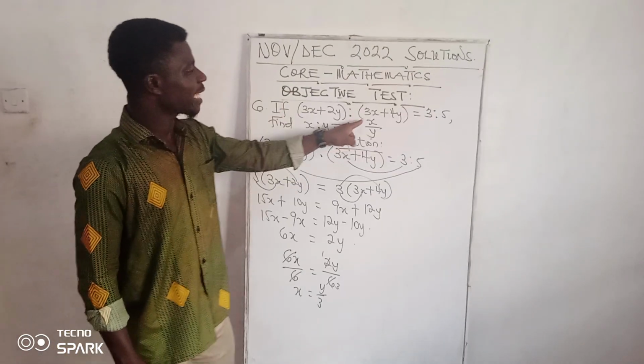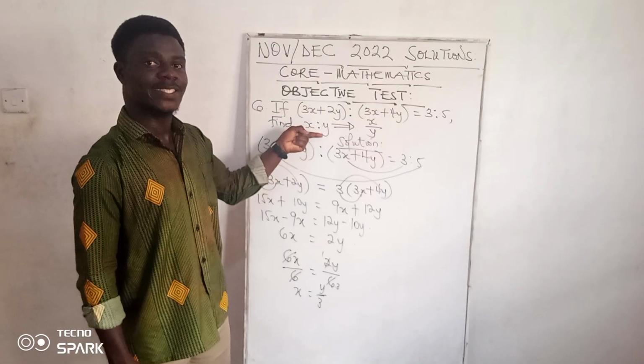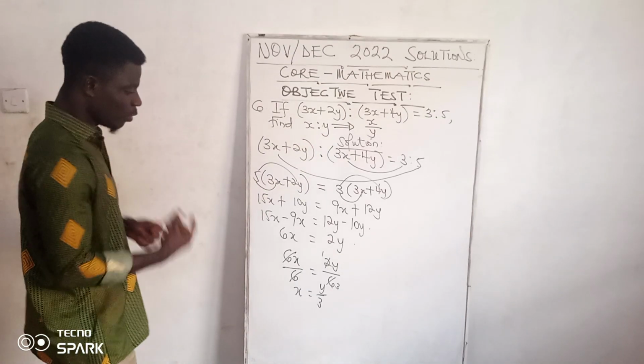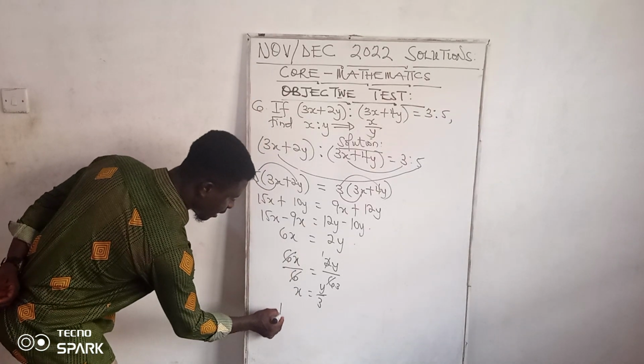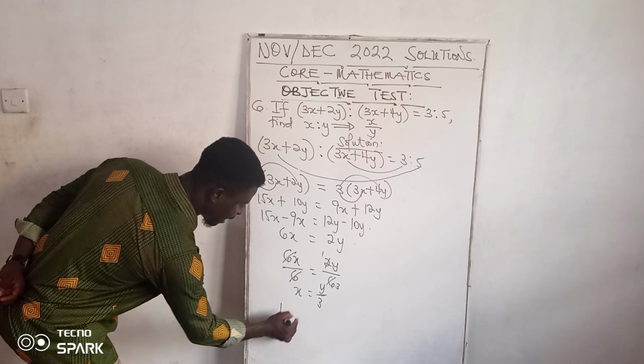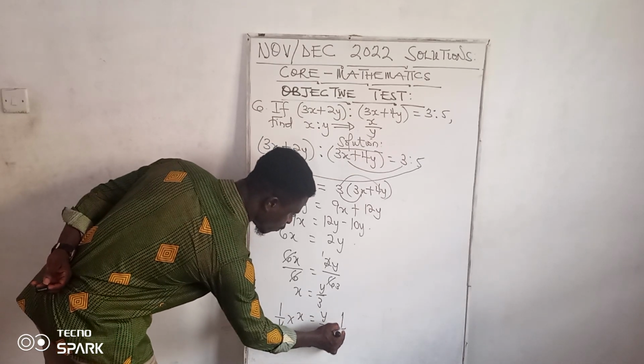But I want x over y, which will give me x is to y. So if I want x over y, I multiply both sides by 1 over y. 1 over y times x equals y over 3 times 1 over y.